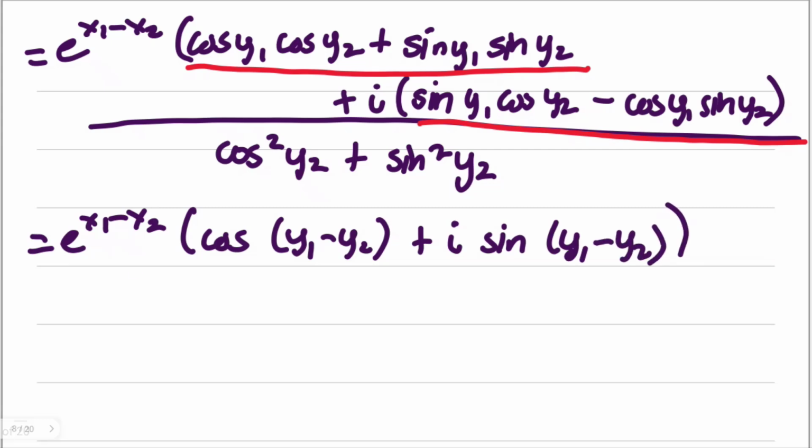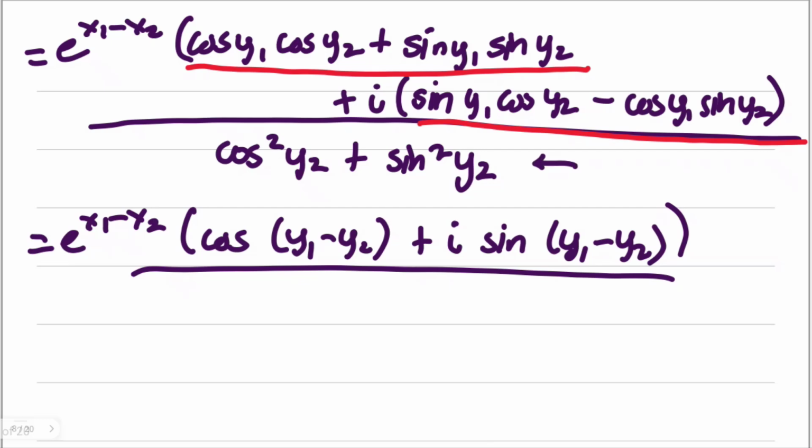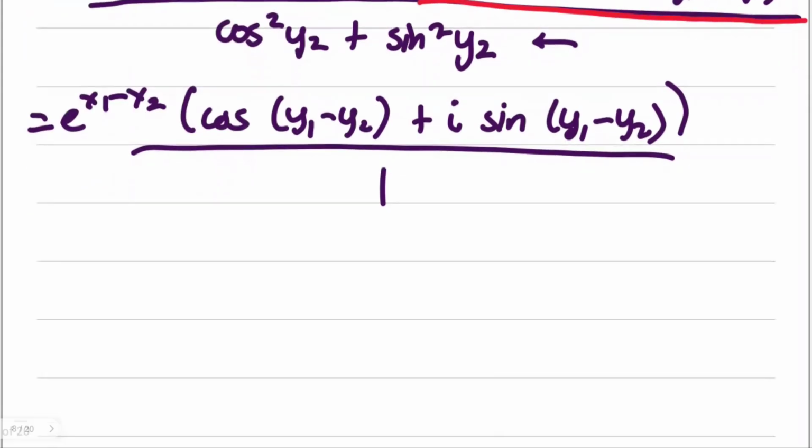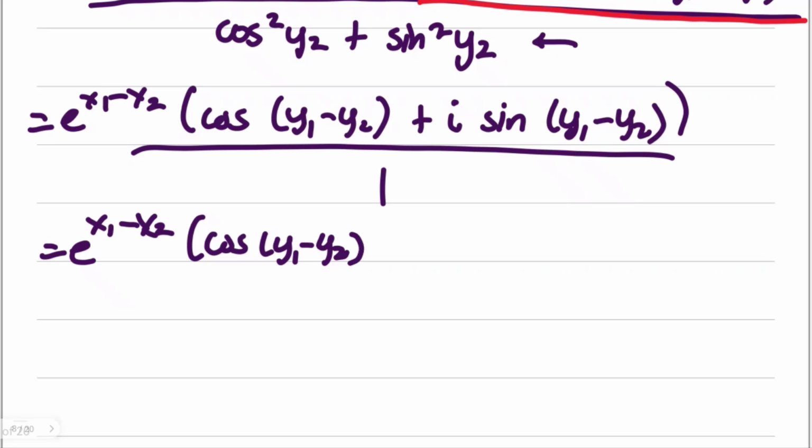Okay, for the denominator, you have something like this. We have the cosine squared of the same angle plus sine squared of the same angle as well. That's actually an identity equivalent to 1. Okay? So what we have here finally is e to the power of x sub 1 minus x sub 2, you have your cosine of angle y sub 1 minus y sub 2 plus i sine of y sub 1 minus y sub 2.